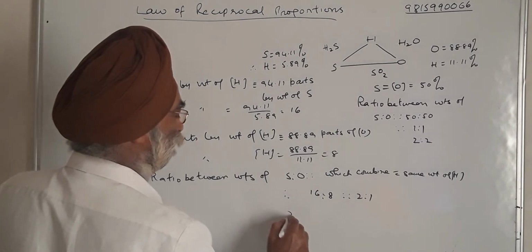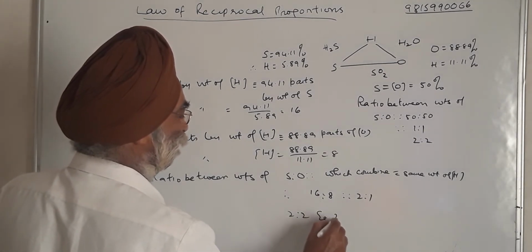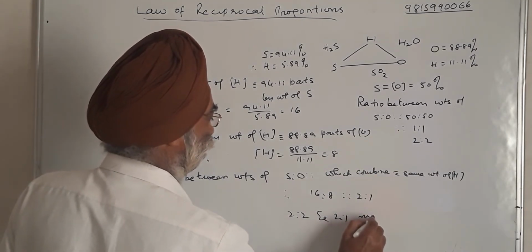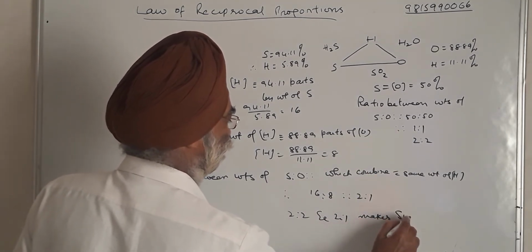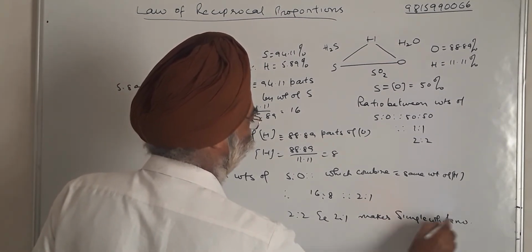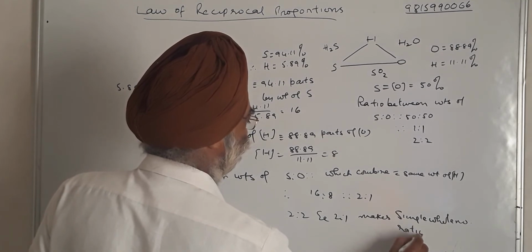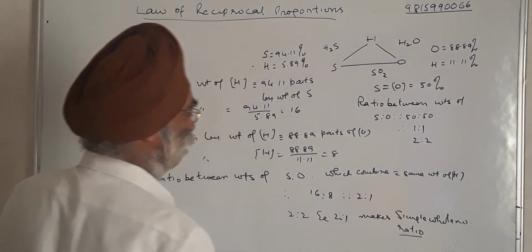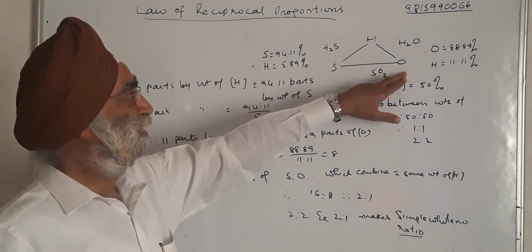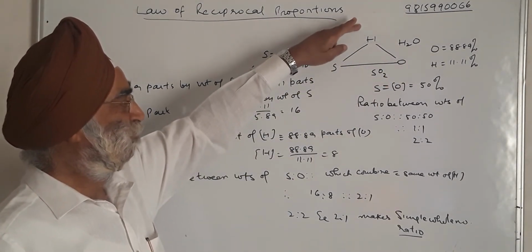So 2:2 and 2:1 make a simple whole number ratio. It makes the simple whole number ratio when sulfur and oxygen separately combined with hydrogen.